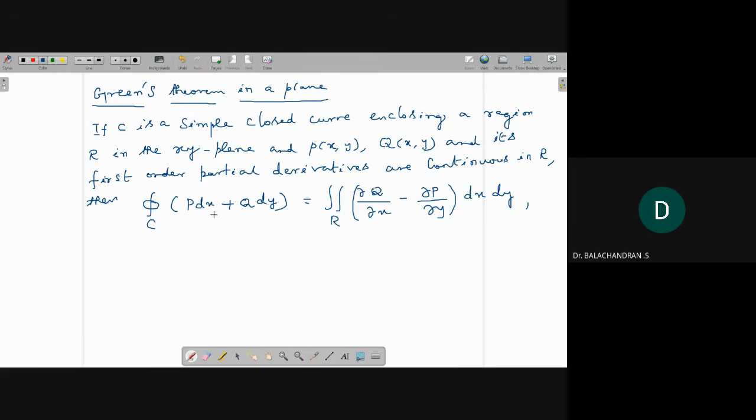Here capital C is described in the anti-clockwise direction.